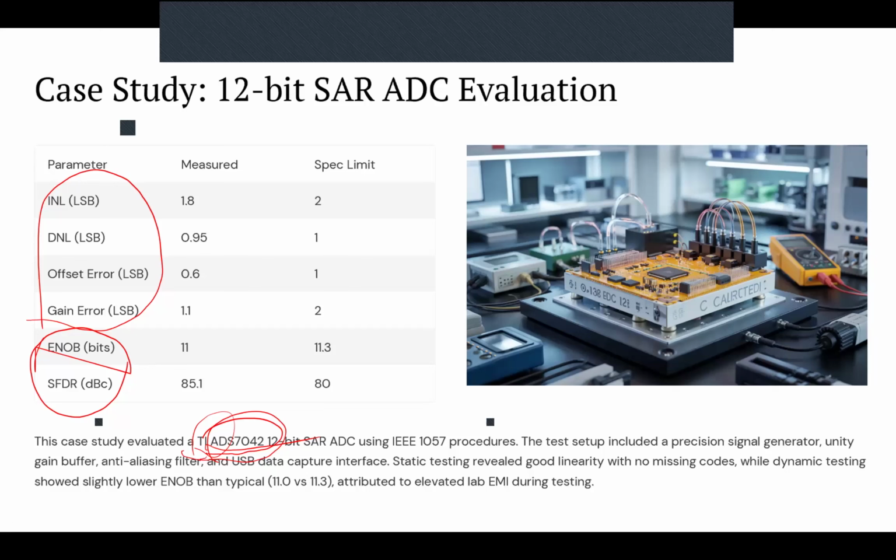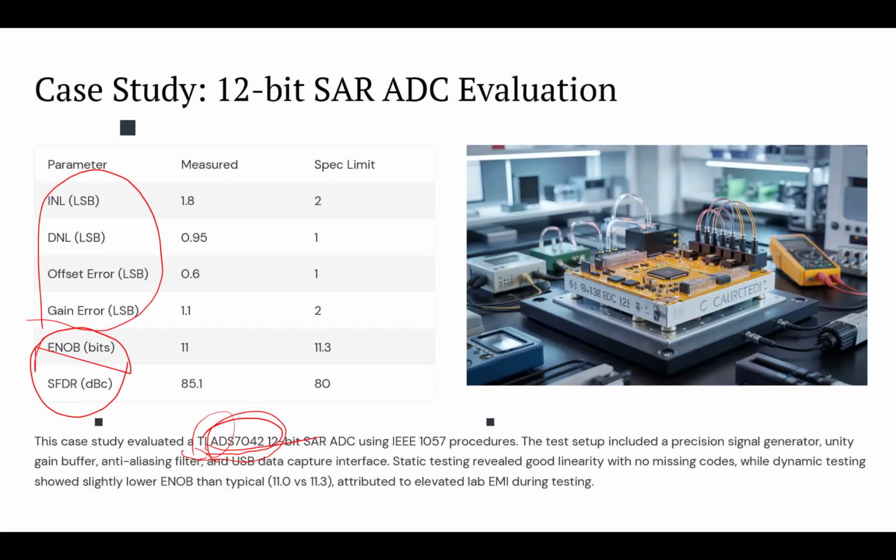But what would be the cause of that? Okay, it's not just a problem with the ADC. One problem could be electromagnetic interference. We have to make sure to eliminate the electromagnetic interference fully and mitigate it as much as we can. So we make sure that in the lab, we don't introduce any error, then rerun the test and see how that would affect the value.